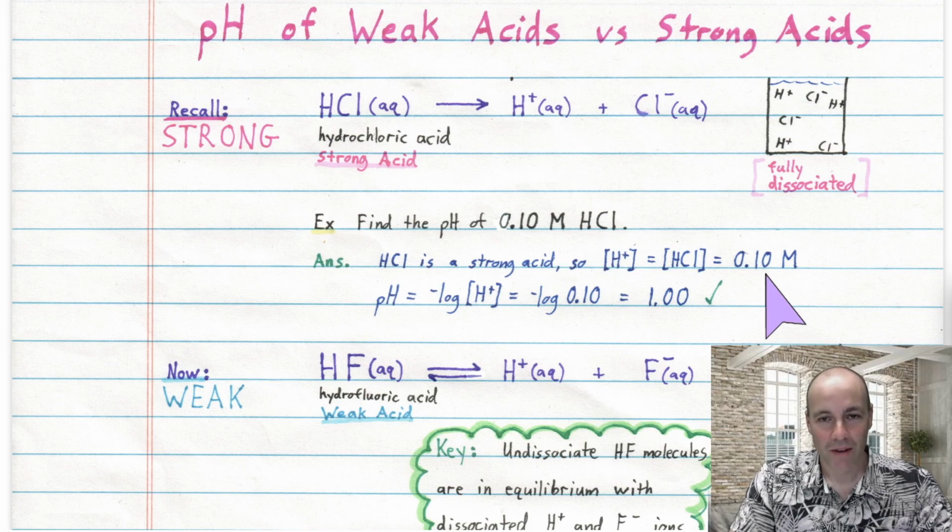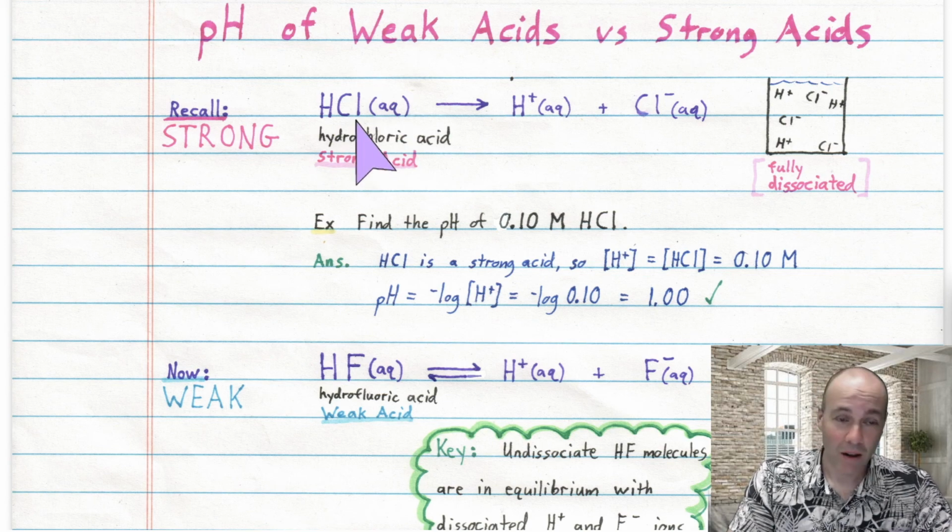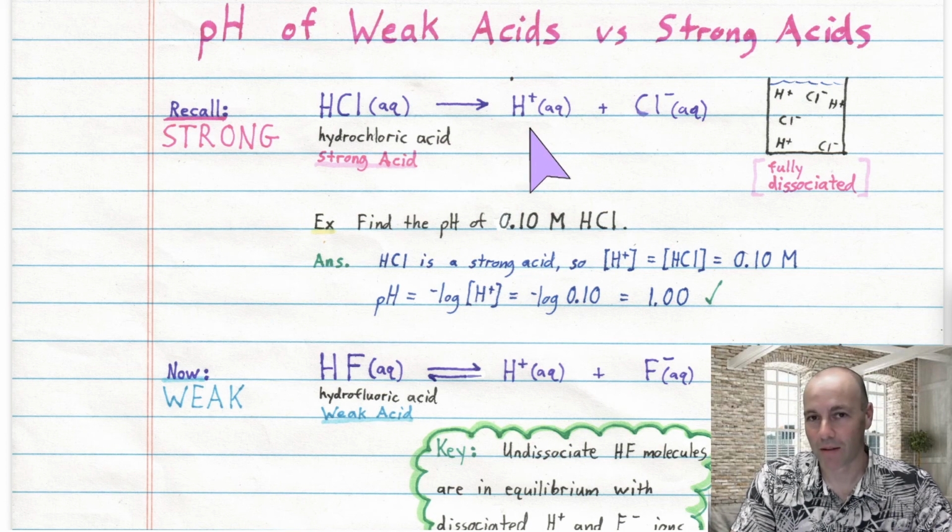And we can justify that because if you have 0.1 moles of hydrochloric acid per liter, all of them are dissociated into protons and chlorides, so you will have 0.1 moles of protons per liter as well.